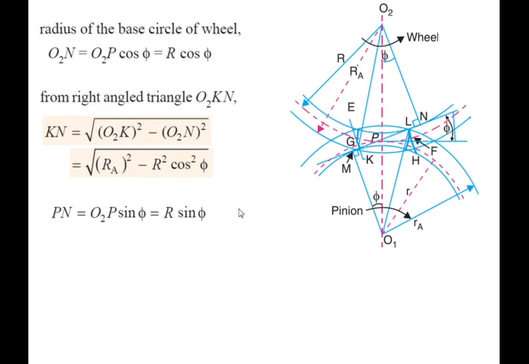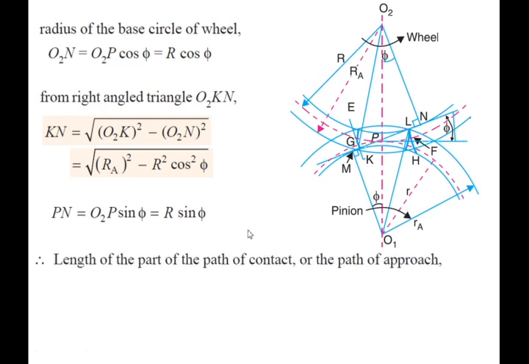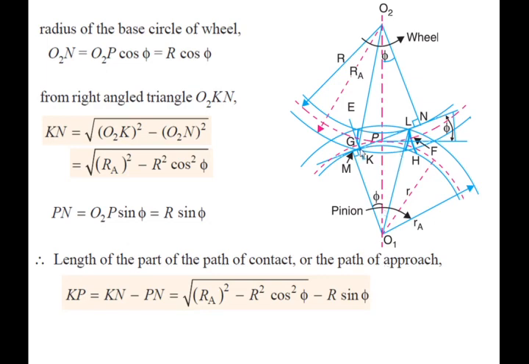And if we refer to PN and consider sin phi, sin phi will be PN upon O2P. Therefore, PN will be equal to O2P into sin phi, or R sin phi. Thus, the length of path of contact, that is the path of approach KP, will be equal to KN minus PN.